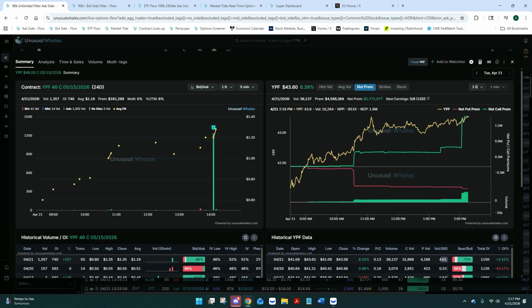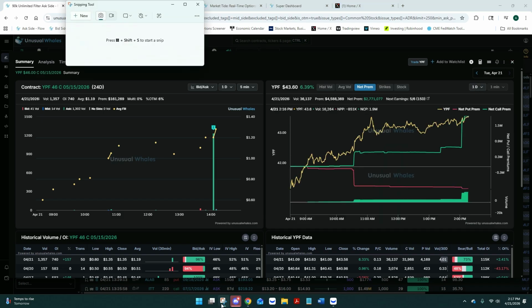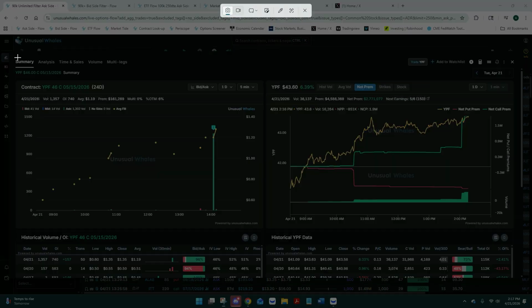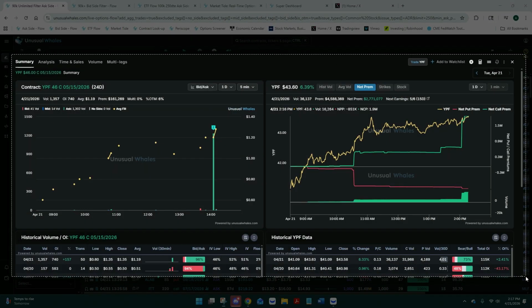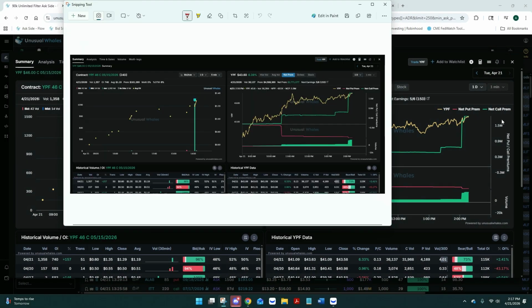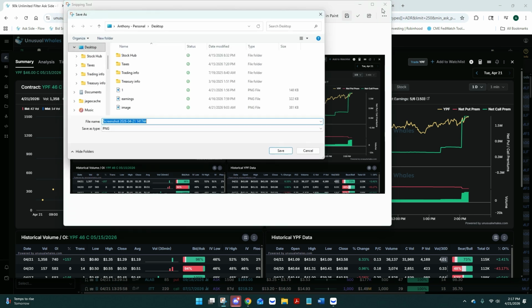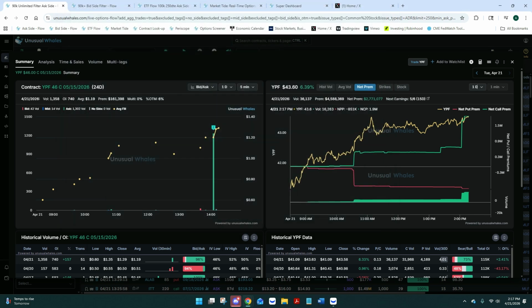I'm going to throw these in that risky flow channel. There's nothing wrong with playing flow that overlaps earnings, but I would just be cautious on holding it over earnings. If you're looking to play something like this, I would personally be getting out before earnings.